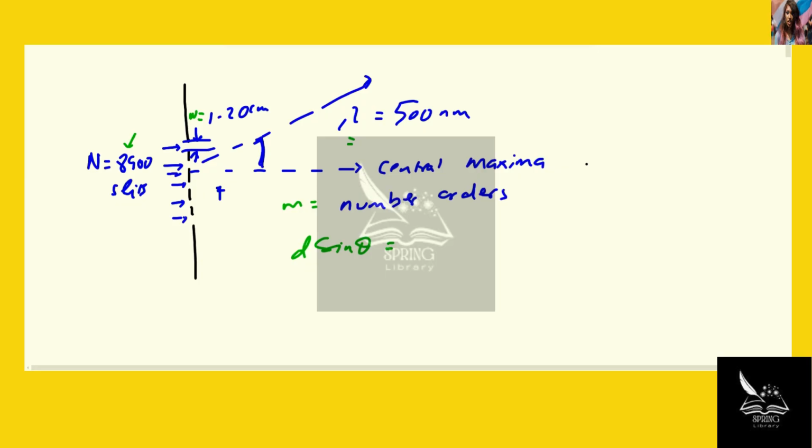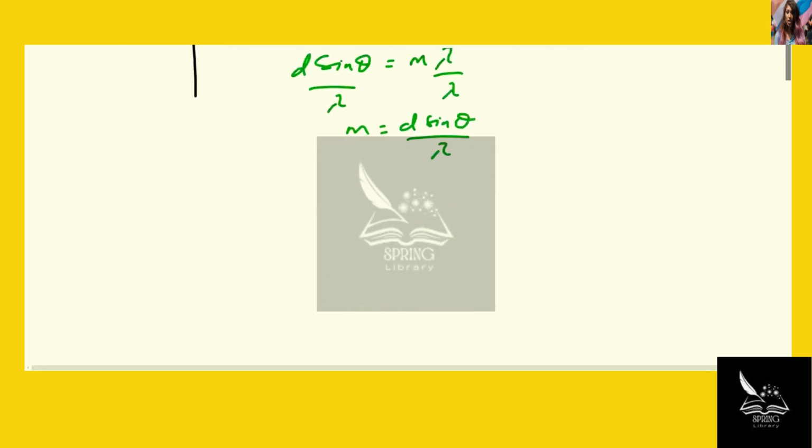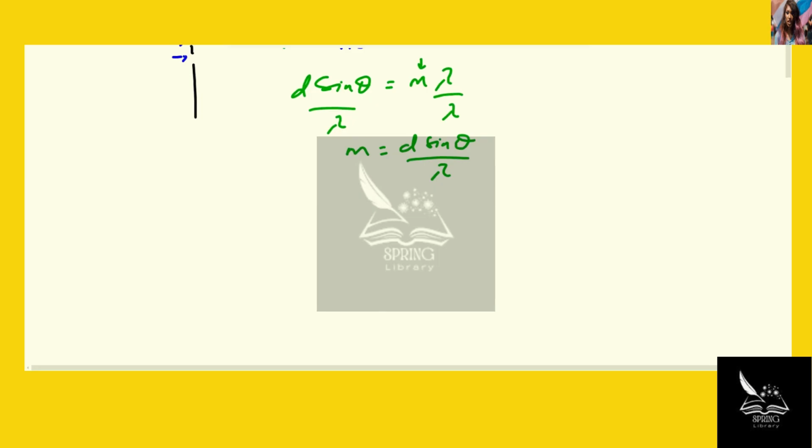So d sine theta is m lambda. We want to find m, so we divide both sides by lambda. So m is d sine theta, all over lambda. We have all these pieces of data.